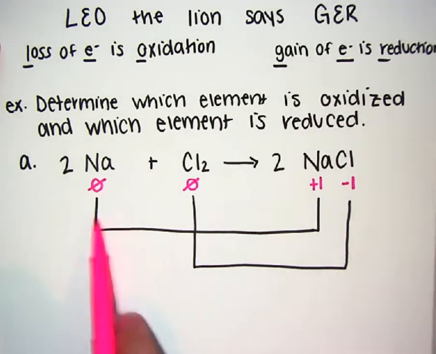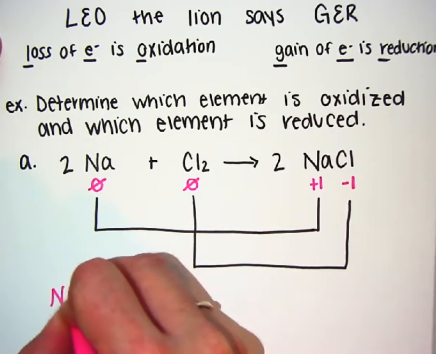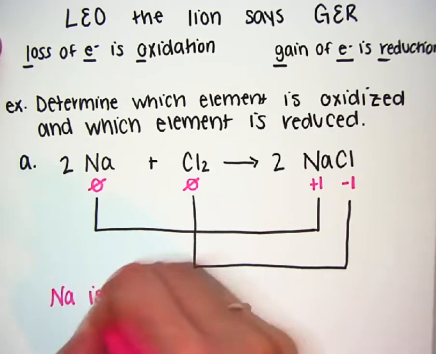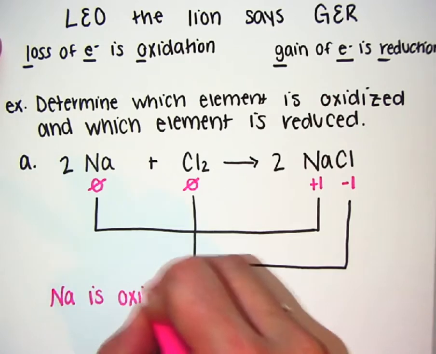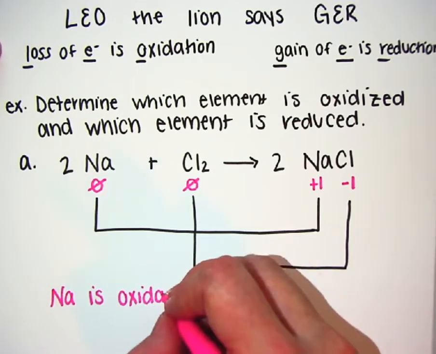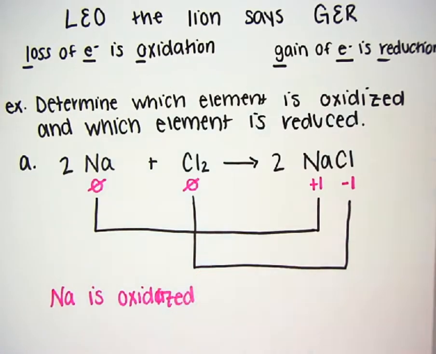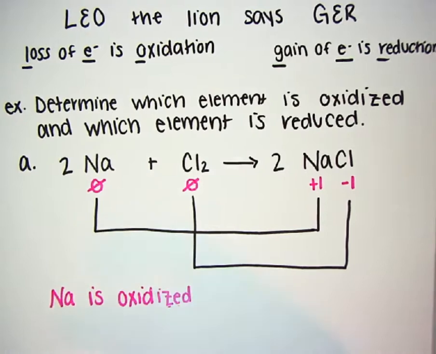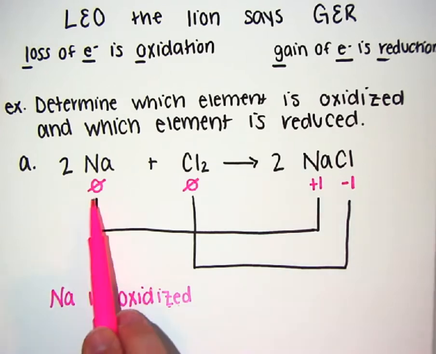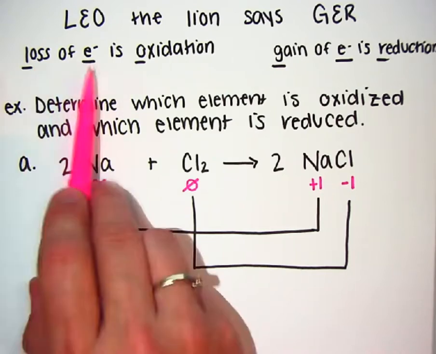Sodium goes from a 0 to a positive 1. That means sodium is the element that is oxidized. Sodium is oxidized. And again, the reason we know that sodium is oxidized is because it's becoming more positive, so it had to lose electrons.